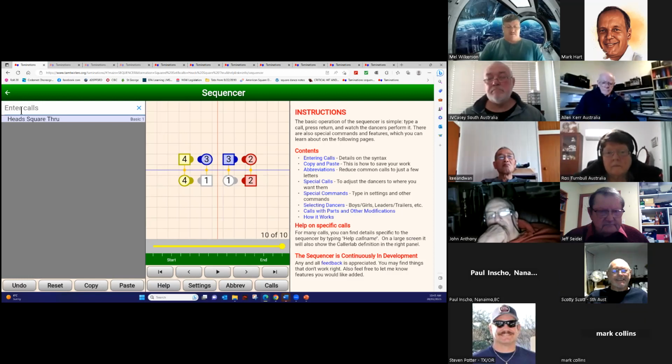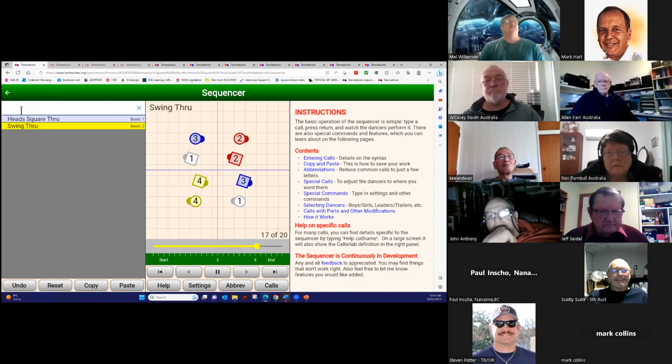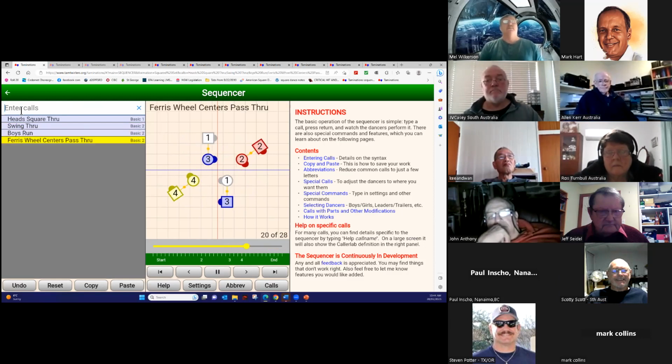So if I have the paired couple on the outside, I can do swing through, boys run, Ferris wheel, and centers pass through. Pass through.